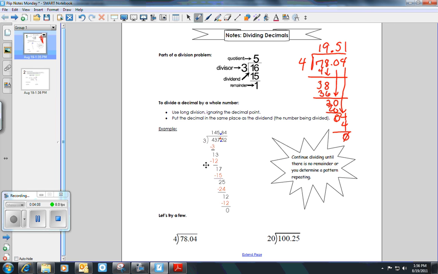So our answer then for this one is 19 and 51 hundredths. Okay? I'm going to go ahead and let you do the second example on your own. You need to do this one.